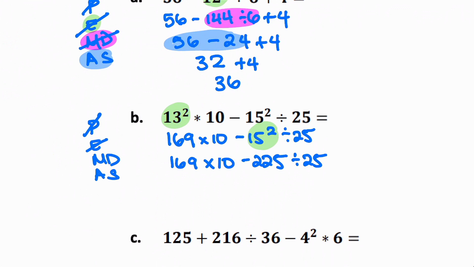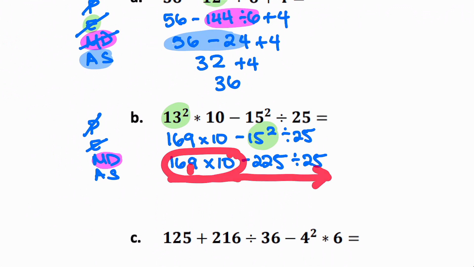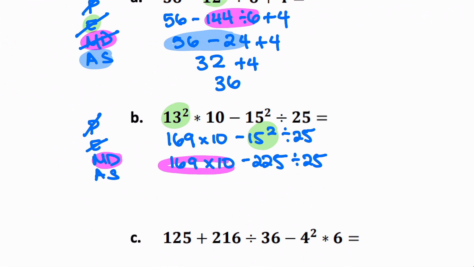Moving on to multiplication and division. I see a couple of problems. I see a multiplication and division, so I'm going to go from left to right, which means I need to do that multiplication first. So I'm going to multiply 169 times 10.